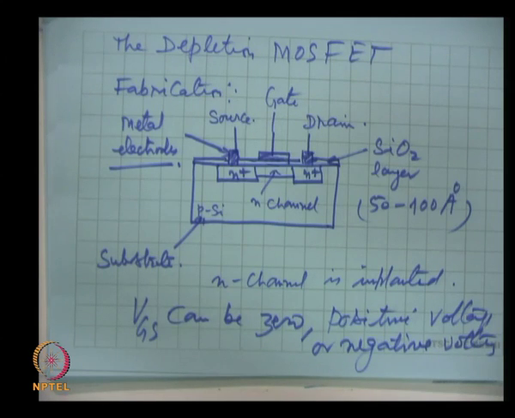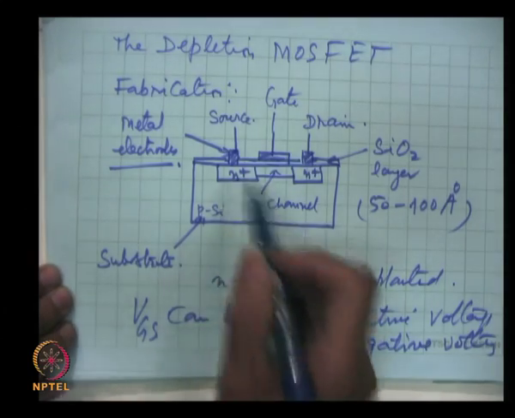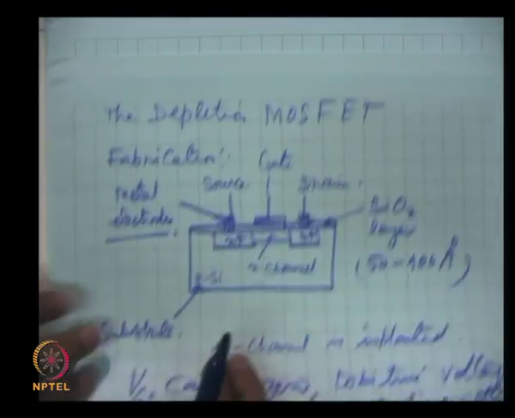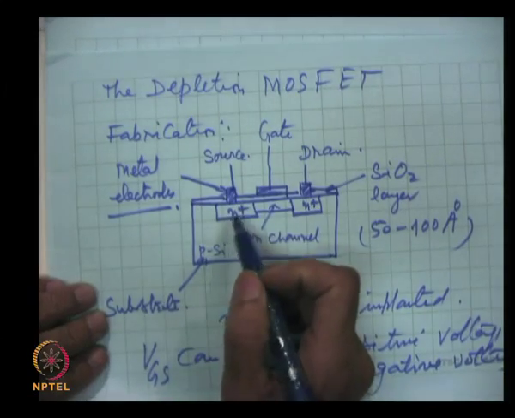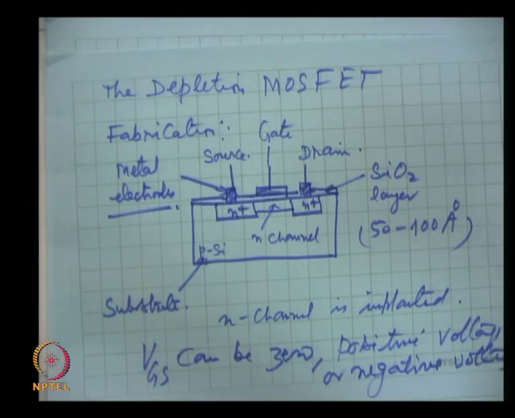Now let me redraw this figure and show you how the charges induced through this dielectric layer will change the conductance of the channel and hence will control the current. I will make a bigger figure.